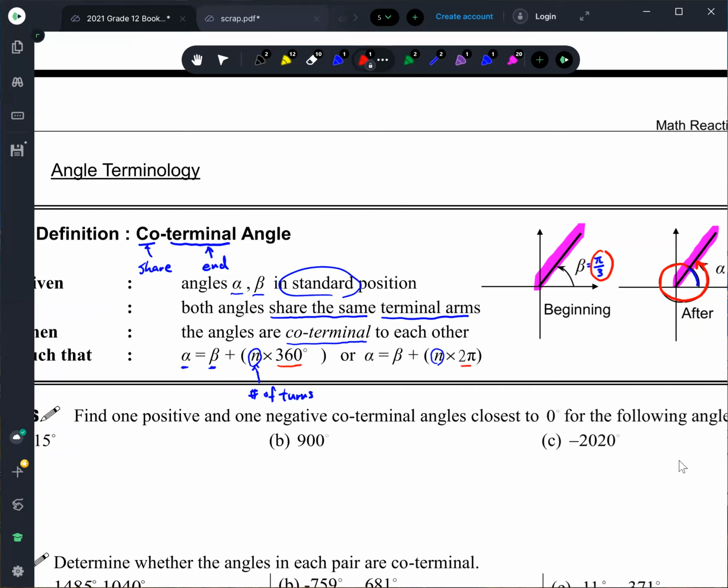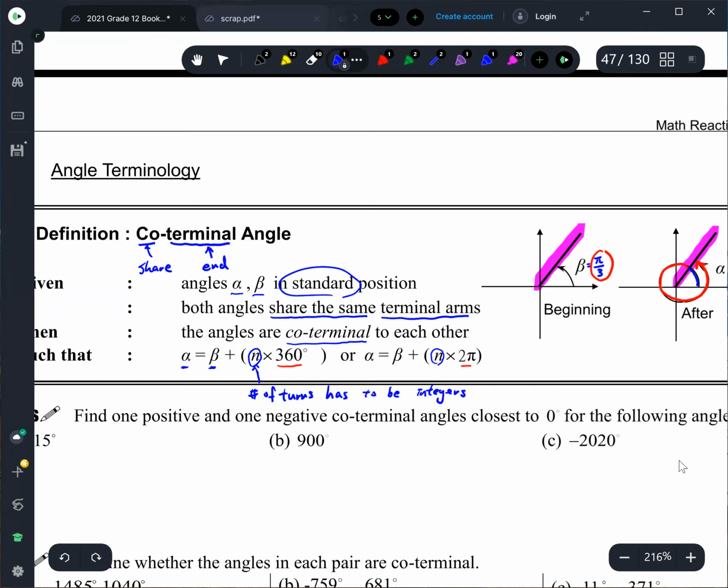N has to be an integer, the number of turns has to be an integer, because it has to be a full turn to get back to the same place. If you turn half a turn, then it won't stop at the same place, and you won't call them coterminal.